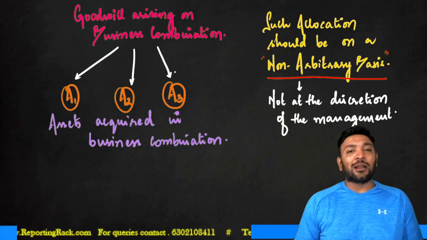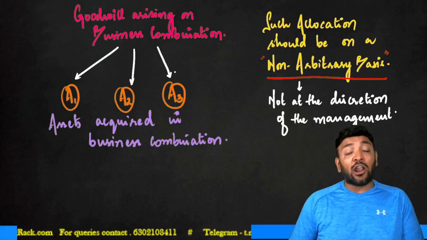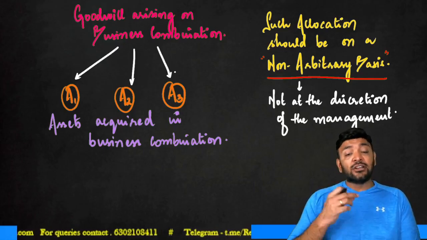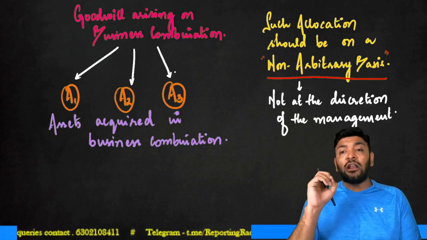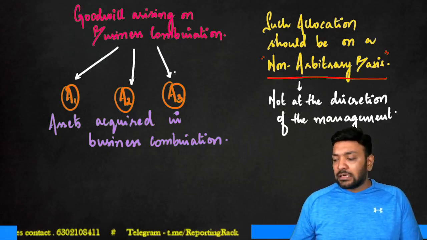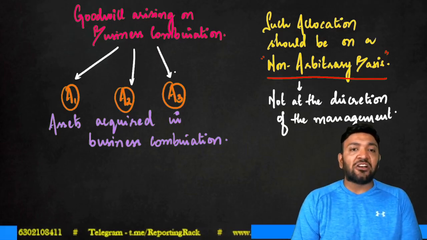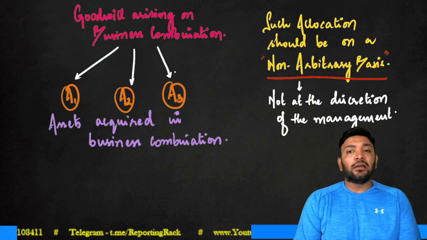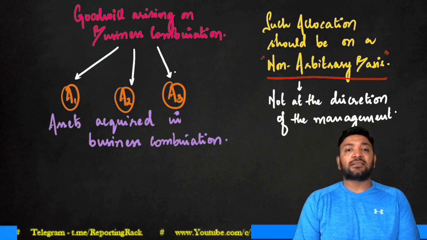So whenever we are talking about this scheme of goodwill arising on business combination, which is being allotted to various assets acquired in the process of business combination, it should be on a non-arbitrary basis. Now someone will come up and say, sir, I still did not understand what you mean by this non-arbitrary basis.